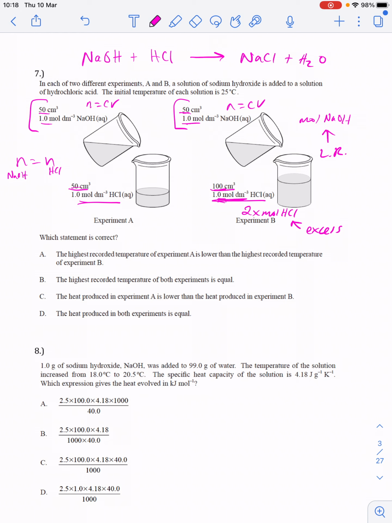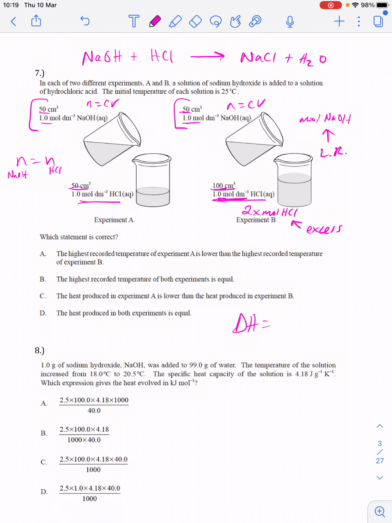and in both situations it's the limiting reactant. So when we do that delta H calculation, and we think about negative Q over n, remember the moles on the bottom is the moles of the limiting reactant, not the combined moles of both reactants. So since in both these situations I'm going to have the same moles of NaOH limiting me, I'm going to release the same amount of energy.